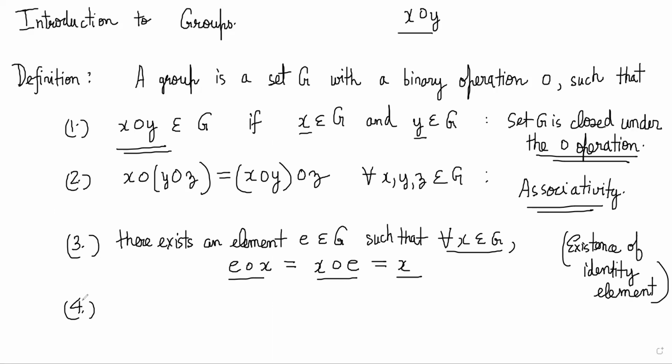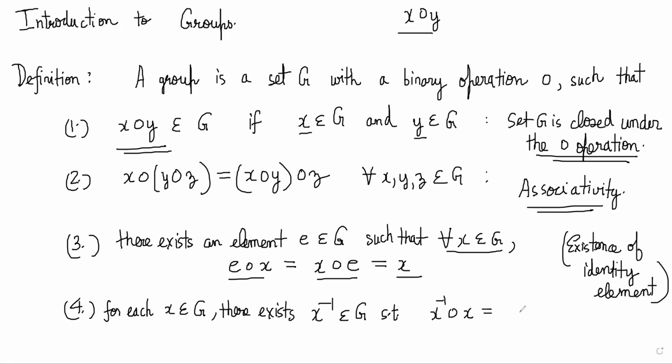And lastly, the fourth and final property is for each x belongs to G, there exists x inverse belonging to G such that x inverse dot x is equal to x dot x inverse is equal to E. So this is the inverse, and the inverse also exists.